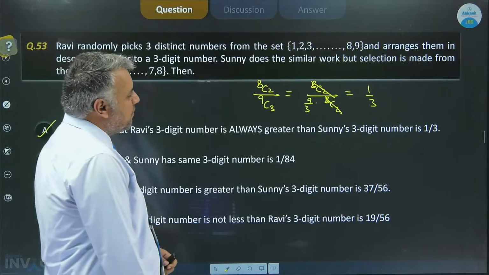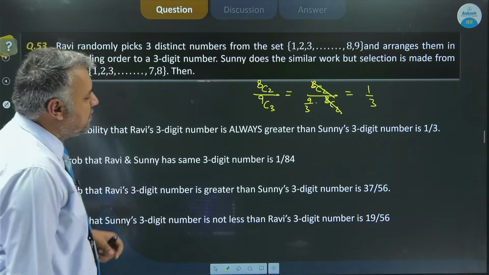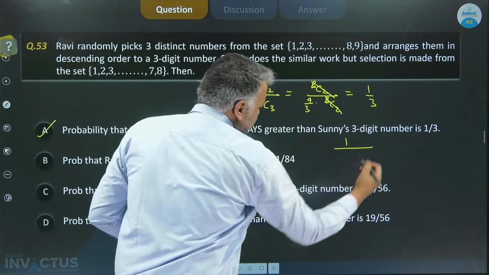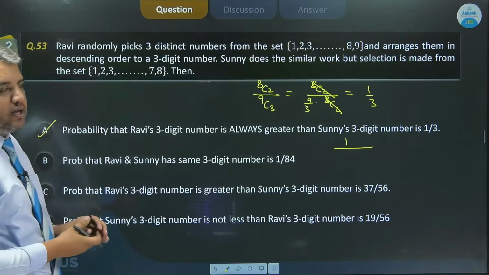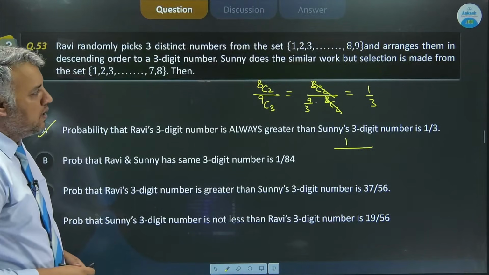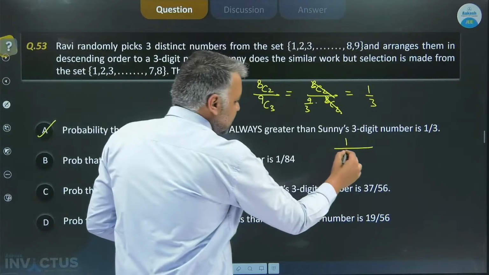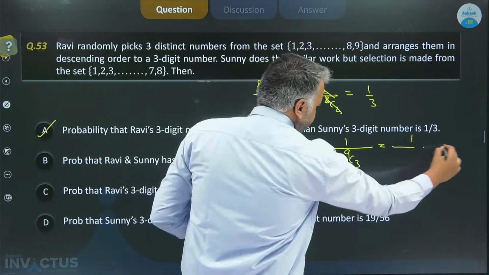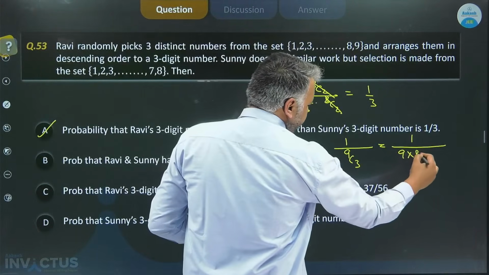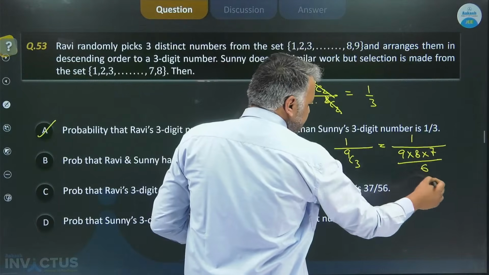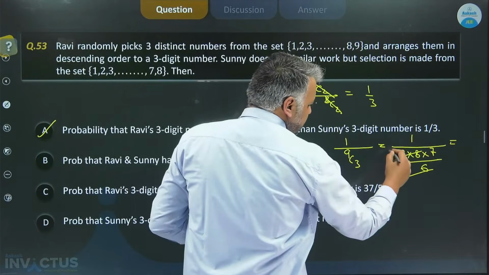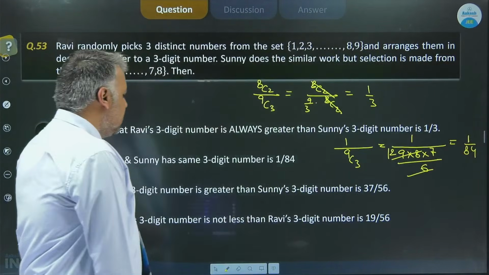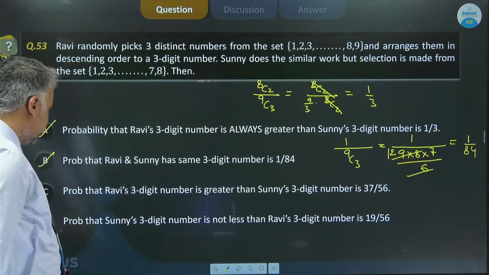So the favorable number of ways will be 1, the same number formed by Sunny is found by Ravi, but the total number of ways to select 3 numbers for Ravi was 9C3. So this will be 1 divided by 9 into 8 into 7 divided by 6, which is 84, so 1 by 84. So option B is also correct.